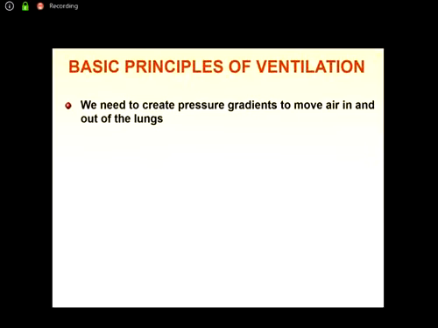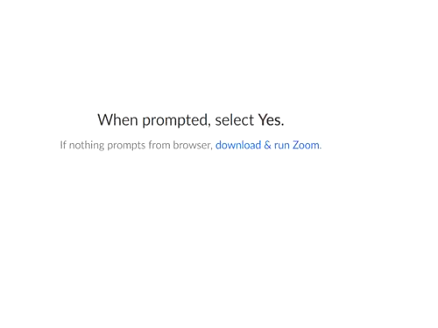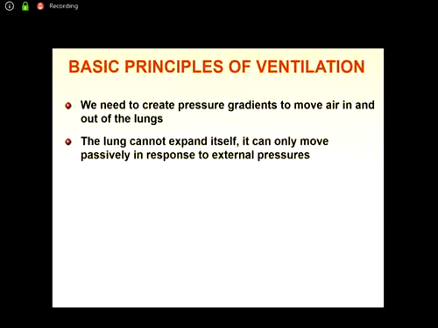Okay, so to be able to move air inside and outside of your lungs, you need to create a pressure gradient between the lungs and the outside. The lung cannot expand by itself. It can only move passively in response to external pressures. There are two ways the air can get into the lungs.